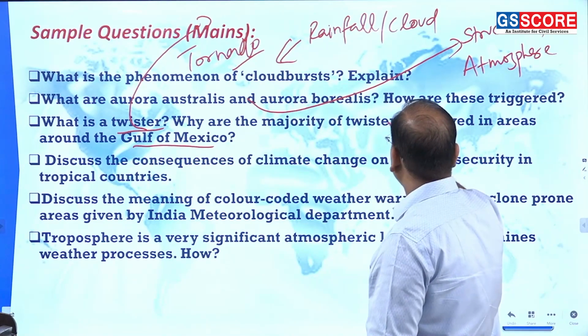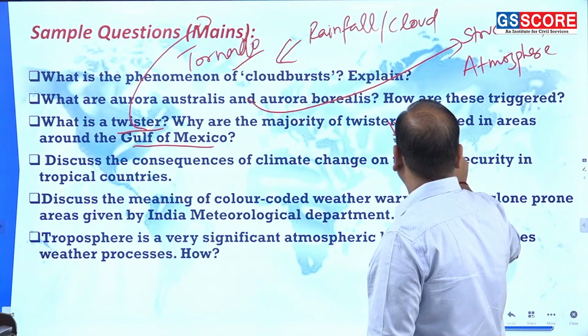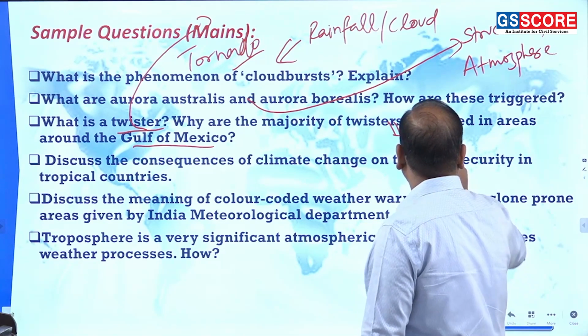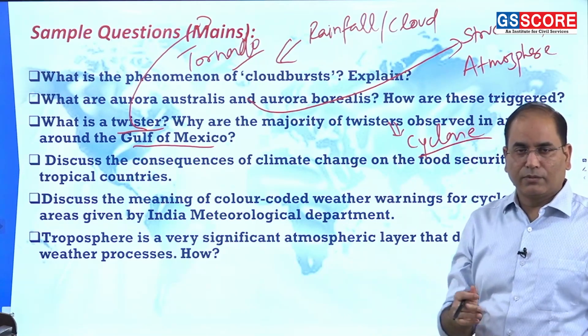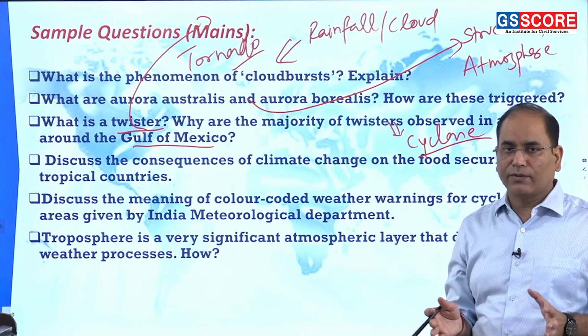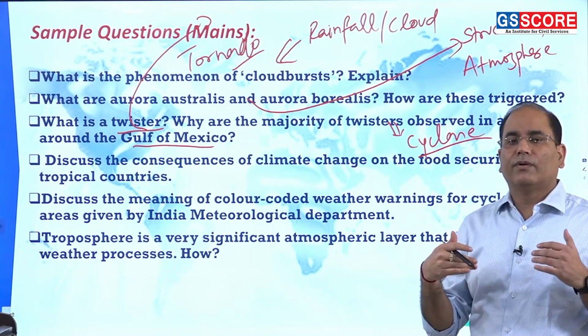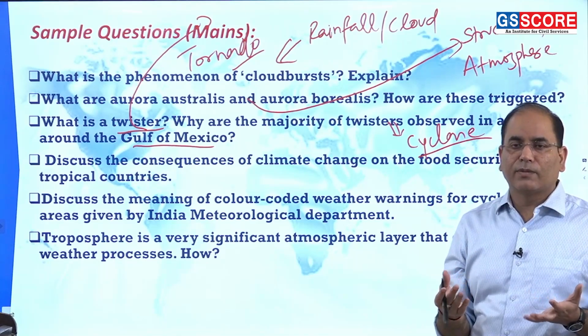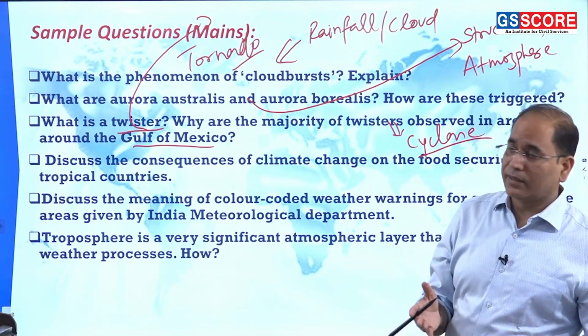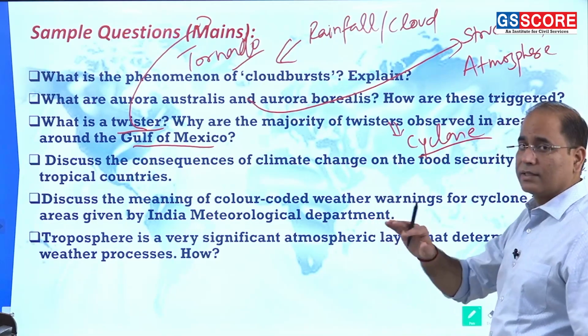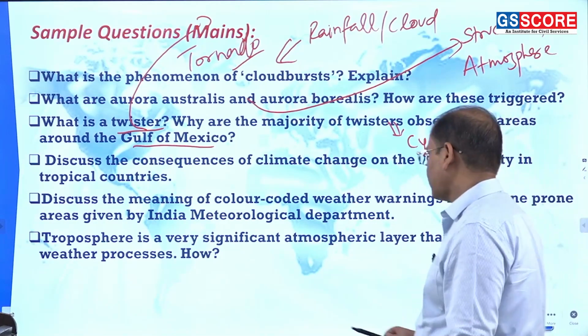So this question is within the broad topic of tropical cyclone. So within the broad topic of tropical cyclone, you need to study where the tropical cyclone develops, what are the different conditions required for the development of tropical cyclone, and the distribution of the tropical cyclone.